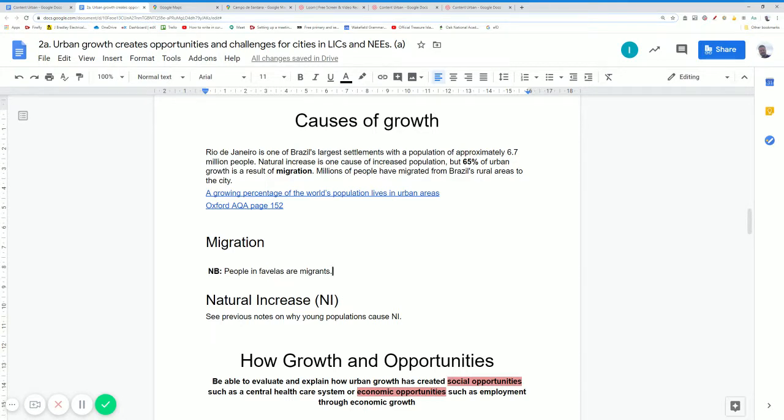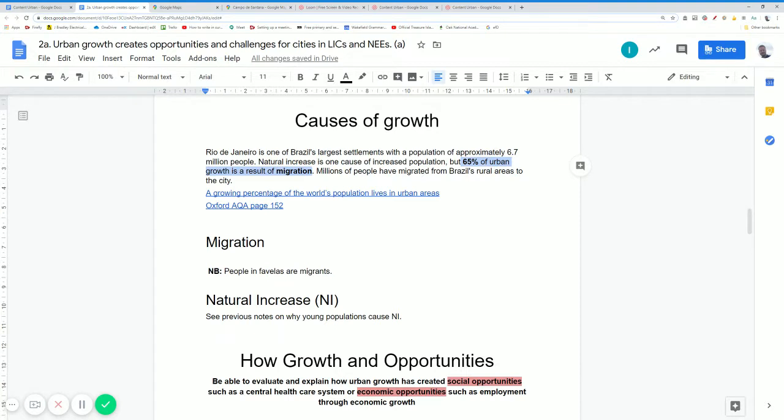A lot of it's perception, but the perceived jobs, the educational opportunities, the universities and all the schools. You've got health opportunities, and you can make a life for yourself here. But what you've got to do within that is talk about, okay, well, that's added to the growth, but then make it specific. So 65% of the urban growth at the moment is down to migration.